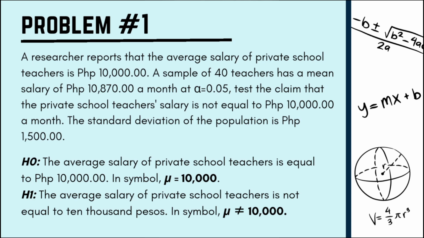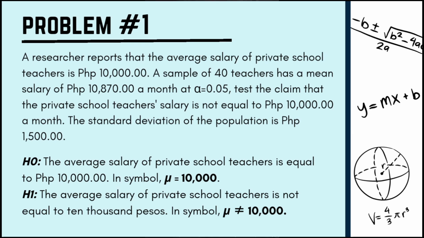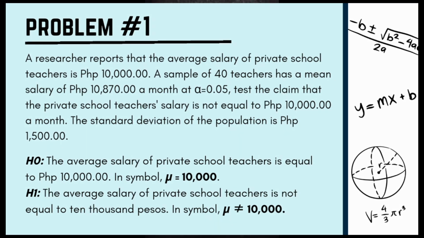Now, let's formulate the null hypothesis and alternative hypothesis of this problem. A researcher reports that the average salary of private school teachers is 10,000 pesos.